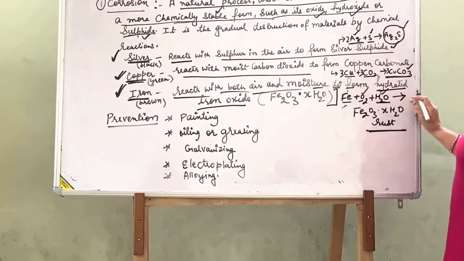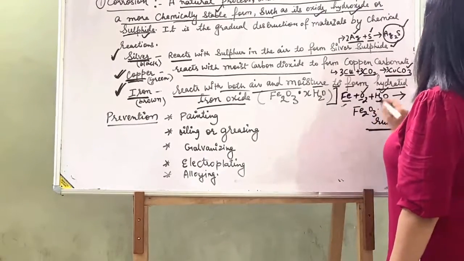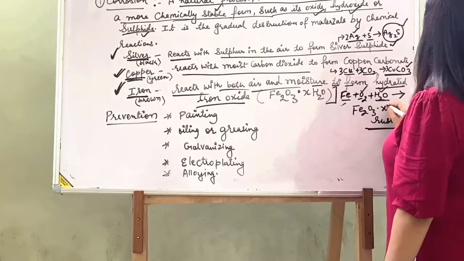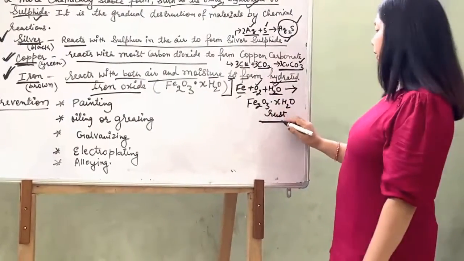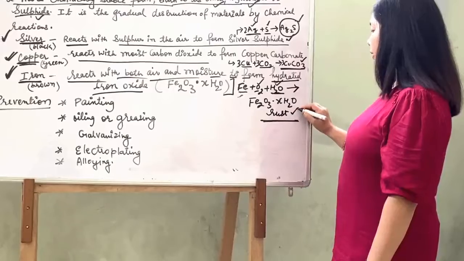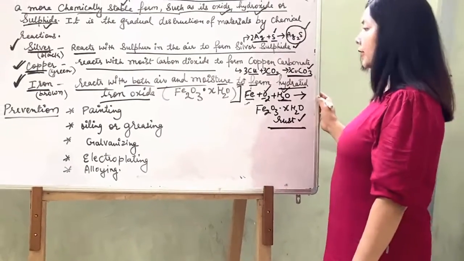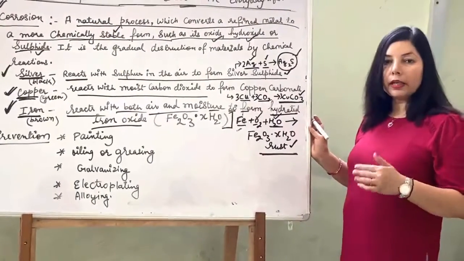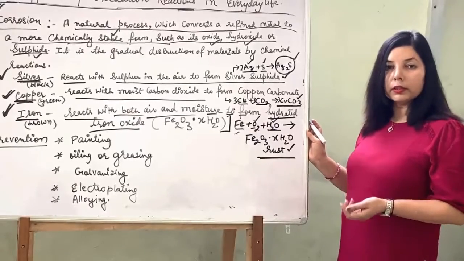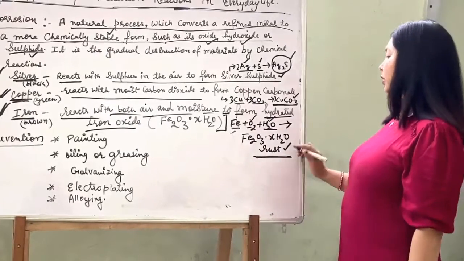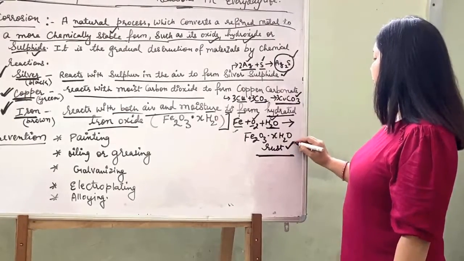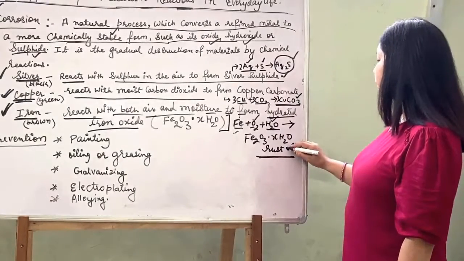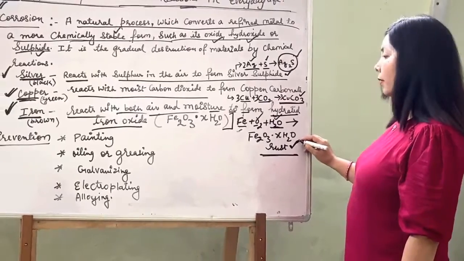They react with each other to form Fe2O3·xH2O, which is hydrated iron oxide. It is also known as rust. So that brown flaky substance that develops as a coating on the surface of the iron is nothing but rust. So we see how these articles have degraded because of oxidation and corrosion.